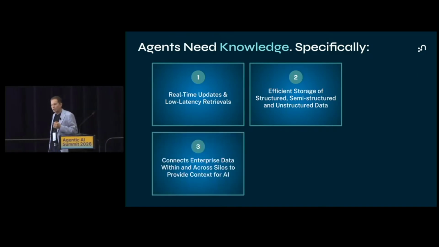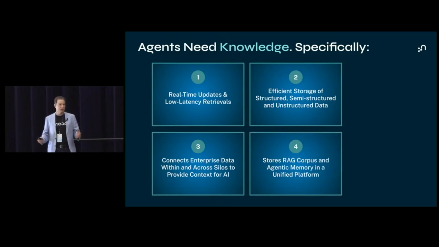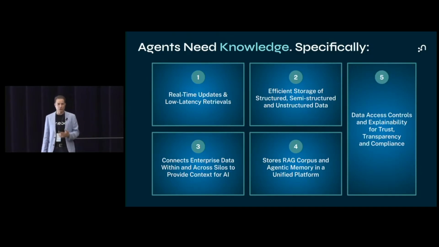Number 3, you need to bring together data from across the silos. Now, your data lakes and lakehouses bring data together from across the silos, but at the expense of losing the connections between them. You're centralizing everything, but you're not connecting it. You need to be able to have a RAG corpus, and I would add a graph RAG corpus. And then you also need data access controls for exactly the reasons we were talking about earlier: corporate firewalls, security, privacy. So this is what agents need.